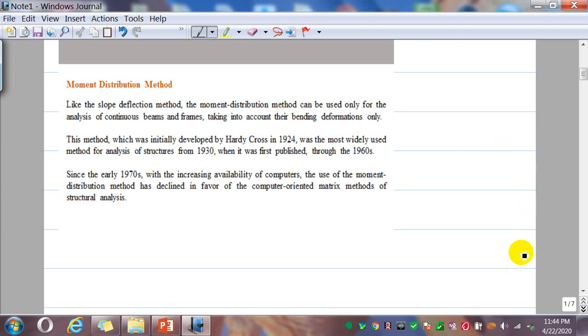So it's very important that you become familiar with this method, because it has a huge benefit for every civil engineer and design engineer.